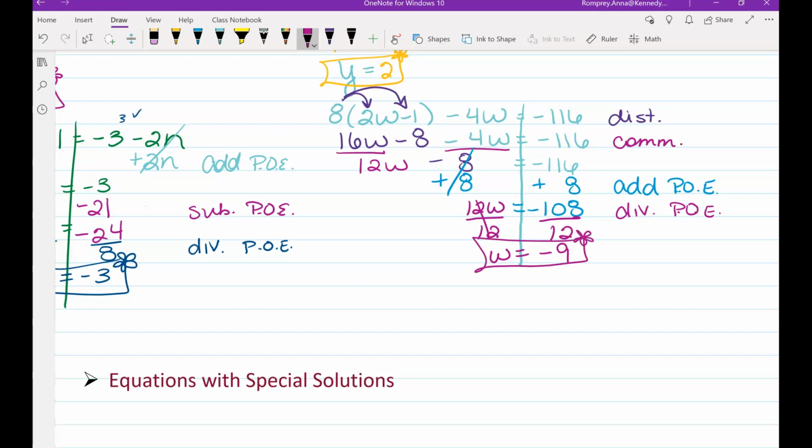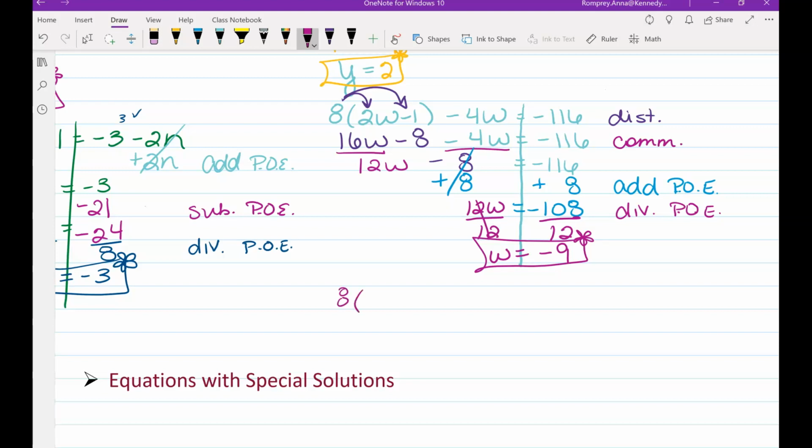All right, a little bit more of a pain, but I do still want to plug in and check my work. So if I plug in a negative 9, 2 times negative 9 is negative 18. Negative 18 minus 1 is negative 19. So negative 19 times 8. Well, I'm going to have to write this off to the side.